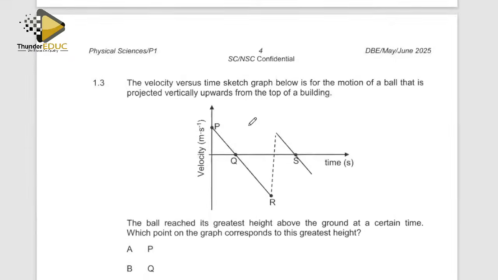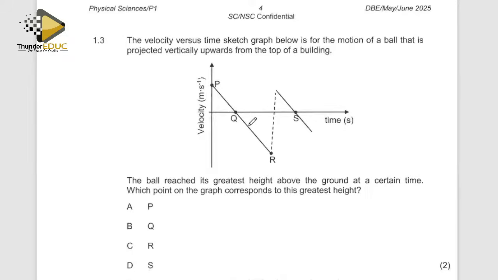Then 1.3, the velocity versus time graph sketched below for the motion of a ball that's projected vertically upwards from the top of a building. Okay, so it was thrown upwards with a certain velocity. It reaches the maximum height above the ground, and then it hits the ground and bounces off and then reaches a maximum height again, another height.